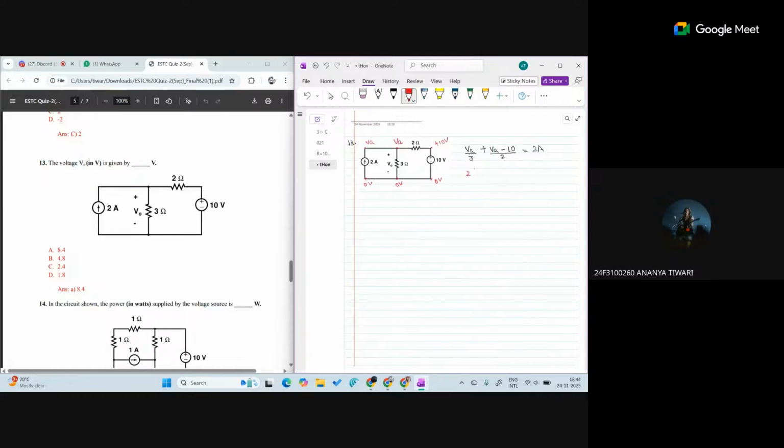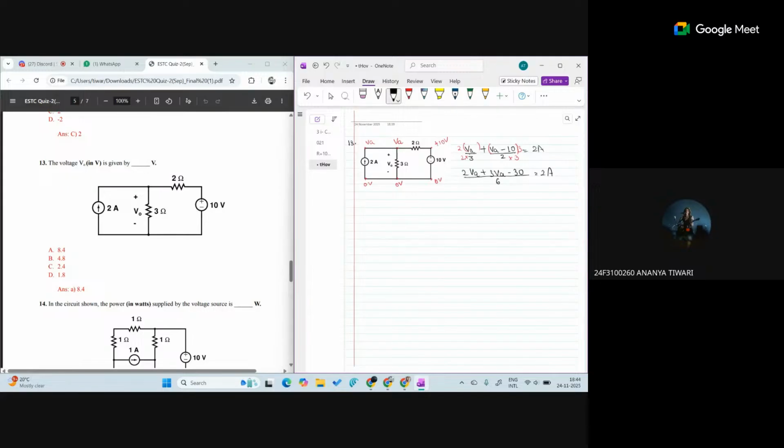So 2 VA, we will just write it here directly. 2 into 2, 3, 2 VA should be 3 VA minus 30, and LCM would be 6.